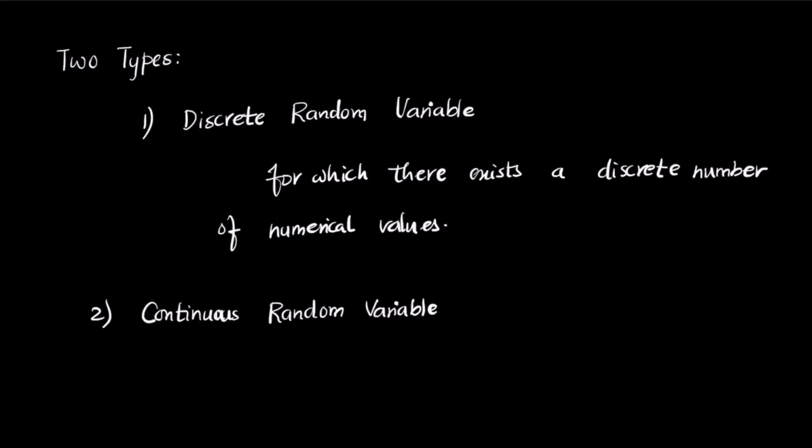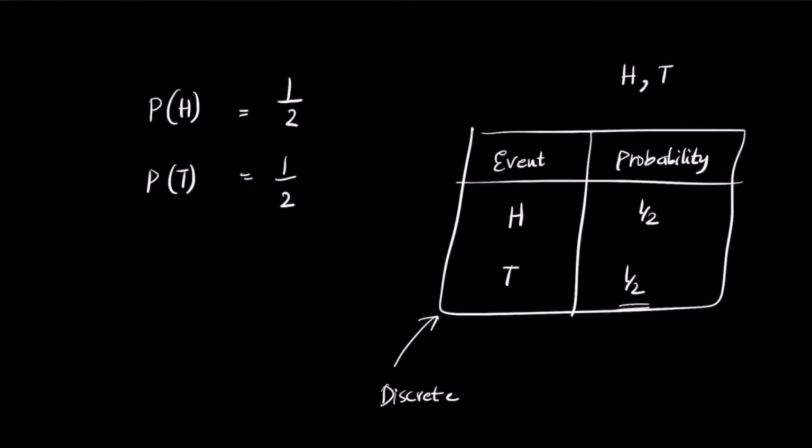The other one is a continuous random variable. A continuous random variable is one whose possible values cannot be enumerated. An example of this is your blood pressure.